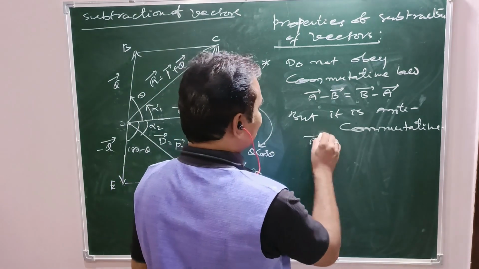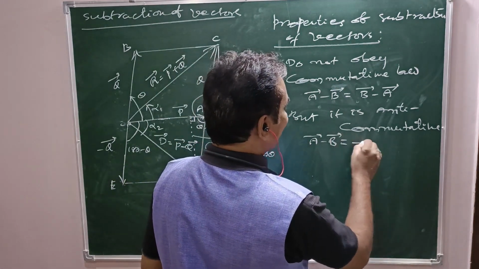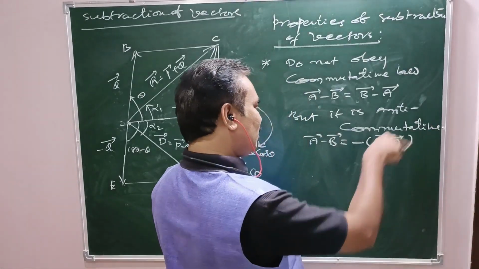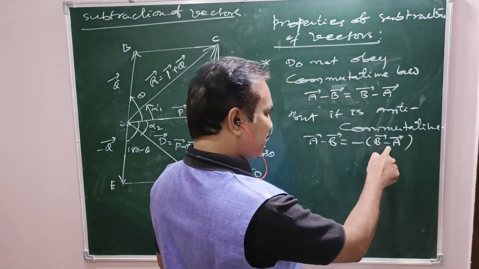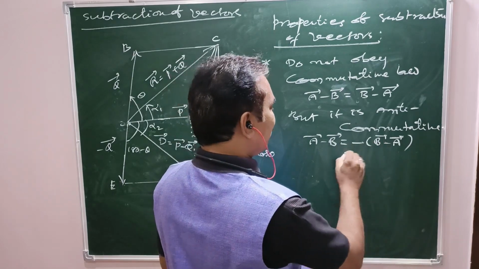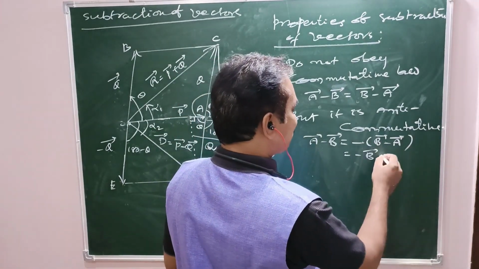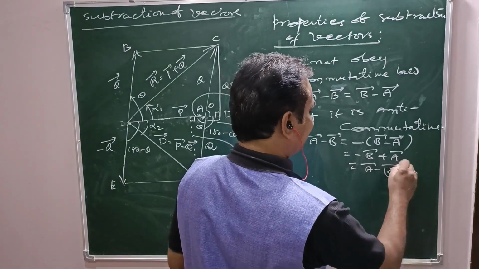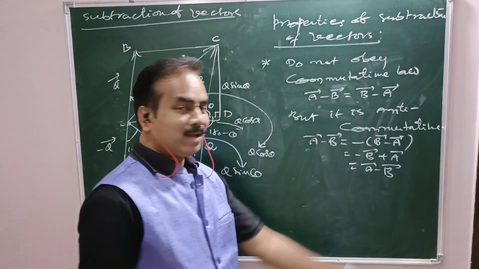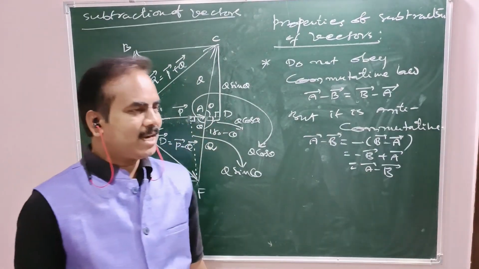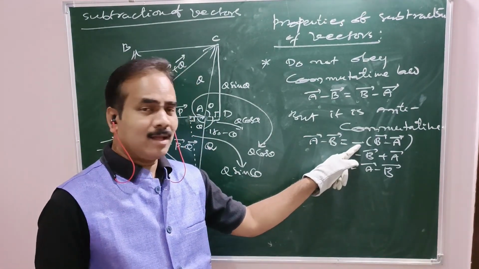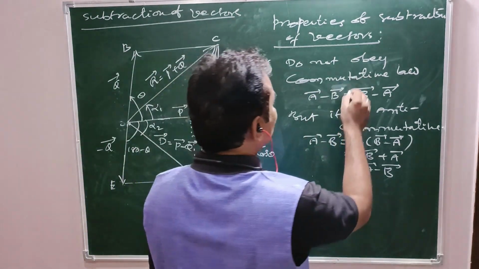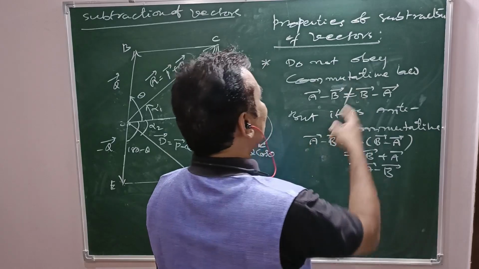Hence, a bar minus b bar can be written as minus of b bar minus a bar. Why? Because taking this negative sign inside, that is minus b bar plus a bar, that is a bar minus b bar. So it is anti-commutative; by taking the negative sign in front, we can equate both. Here, do not obey means not equal.